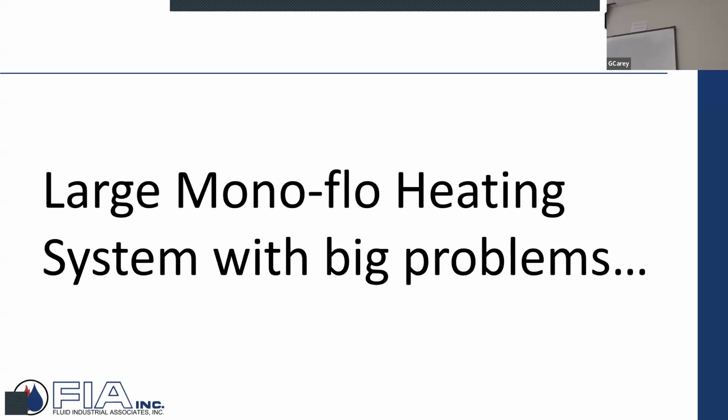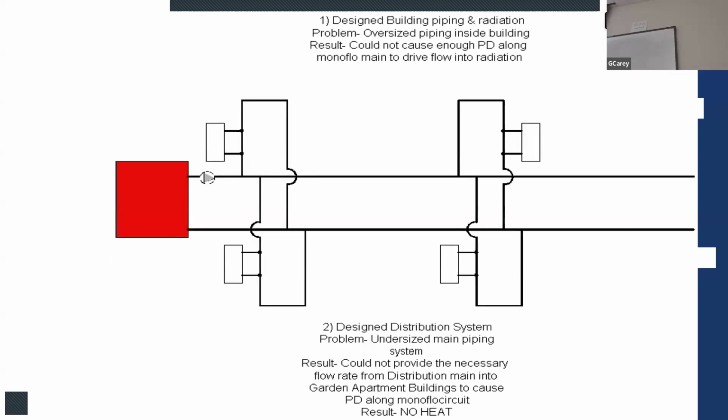They got this problem. So monoflow systems, which I'm sure you probably never even heard of today. But years ago, that was a very common design principle on how to install hydronic systems in these large buildings. And so what happened was they had 10 garden-style buildings. So big project. And they had this massive boiler plant, central plant, that fed these 10 buildings.